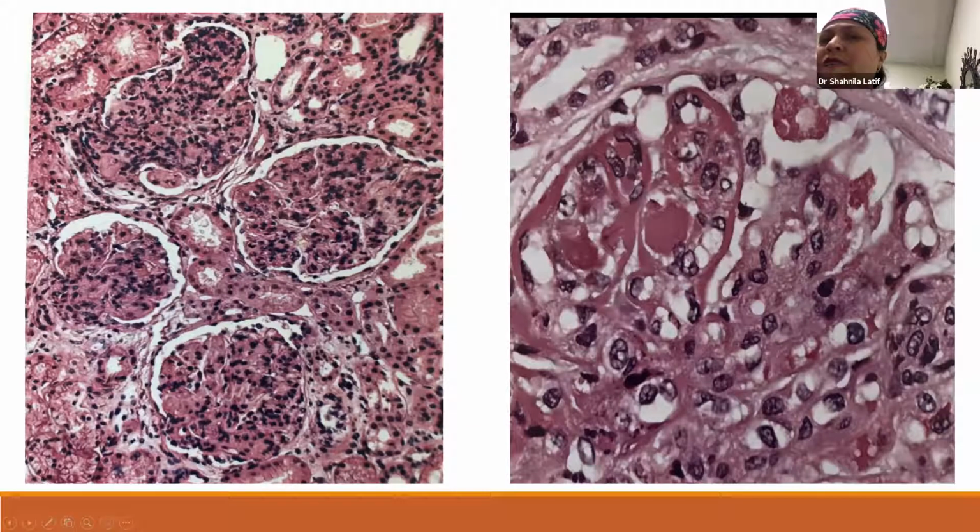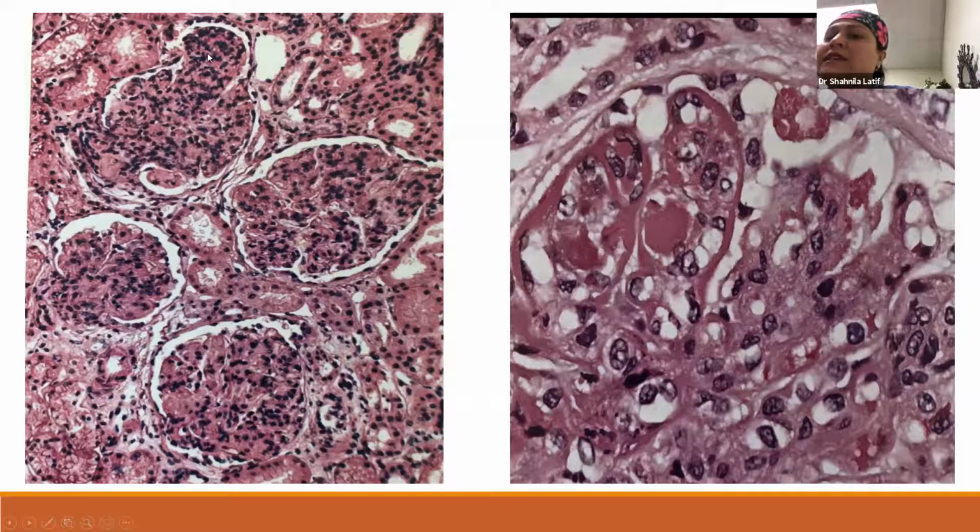So the difference between 3 and 4 is very easy. You count all the glomeruli. If 50% or less are involved, we call it class 3. If 50% or more are involved, we call it class 4. So this is an example of class 4. You can see a lot of glomeruli that are very hypercellular.